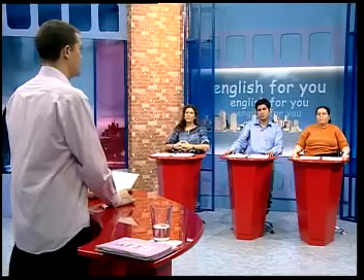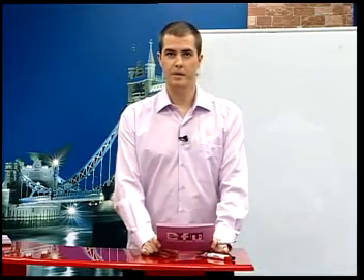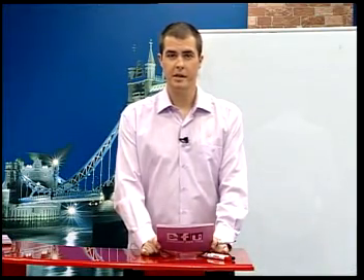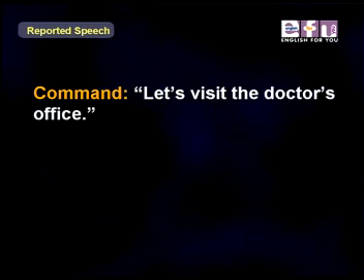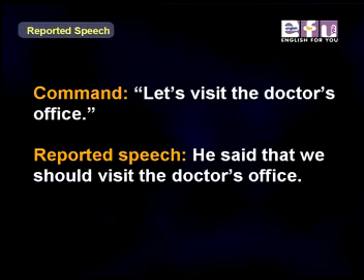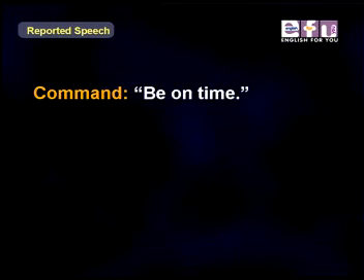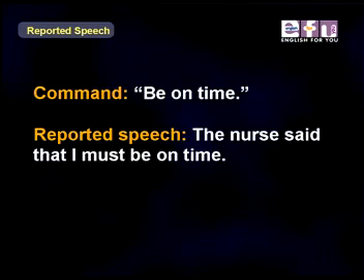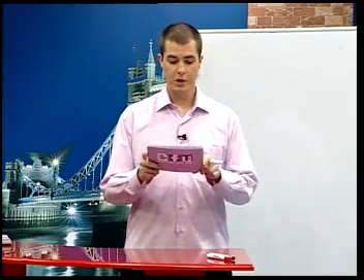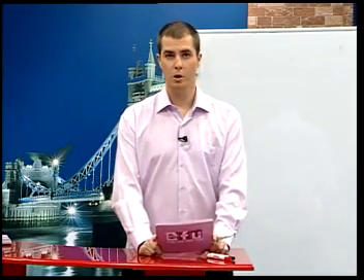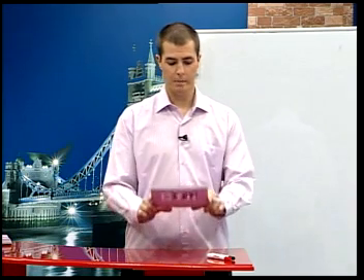Okay, now let's look at changes in commands. Please take a look at these sentences. Command: let's visit the doctor's office. Reported speech: he said that we should visit the doctor's office. Command: be on time. Reported speech: the nurse said that I must be on time. Now in reported speech, an appropriate noun or pronoun is added to the command.